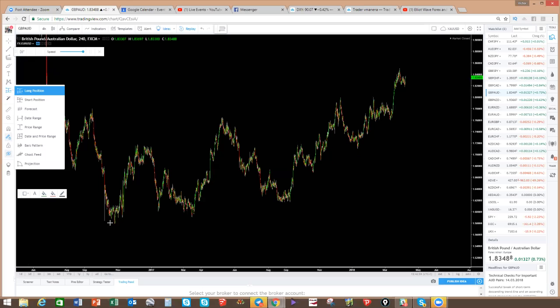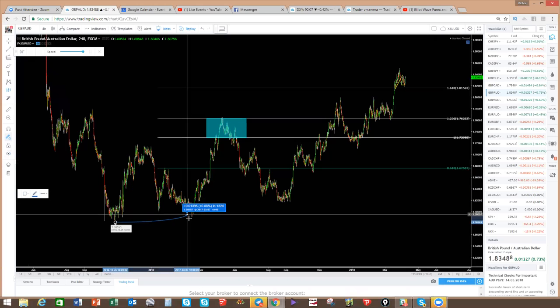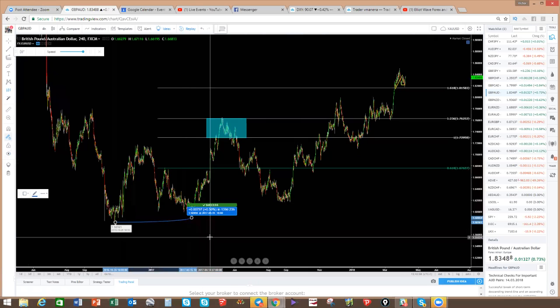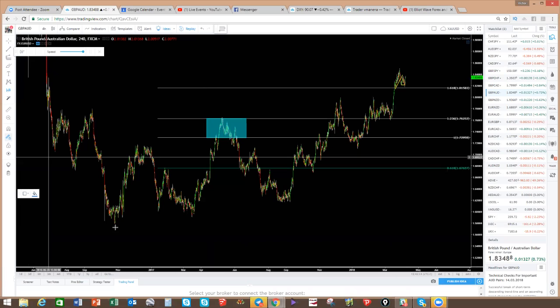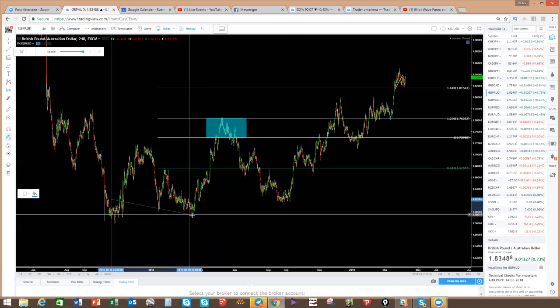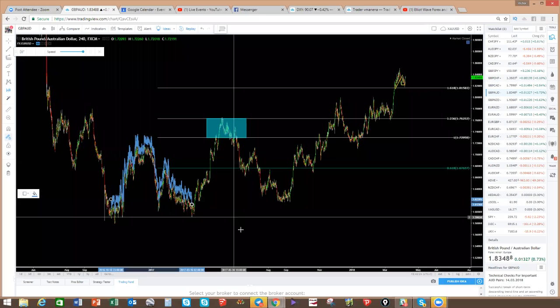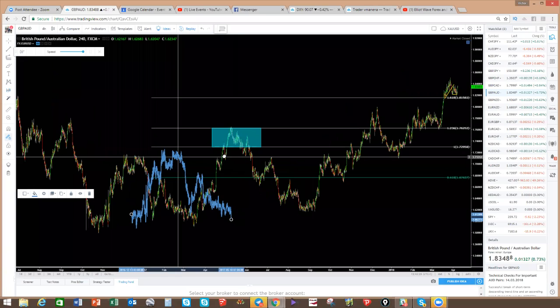If you look at this first move here, from here up until, no, that's not the move, that's not the pattern I'm looking for. I'm looking for this one. Show you how you can trade similarities. Similar pairs. Look at how this one fits.